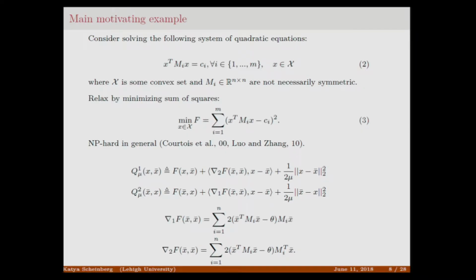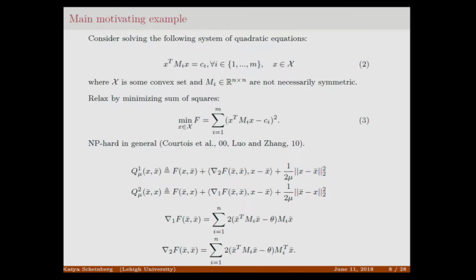And here, just to be more specific, you can write these two quadratic function approximations. Well, they are now quadratic. This is a quadratic function because you fix one side of x and it becomes quadratic. This is a linear term. This is, again, a simple quadratic term, right? So the approximations by fixing one variable and the other are two quadratic functions.